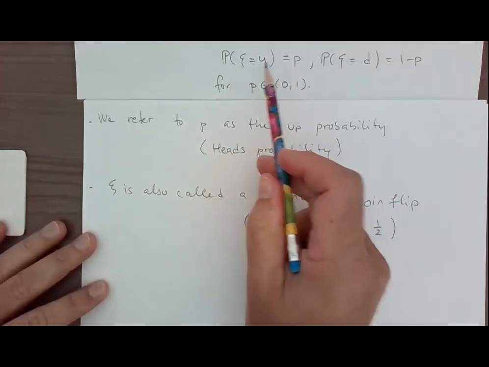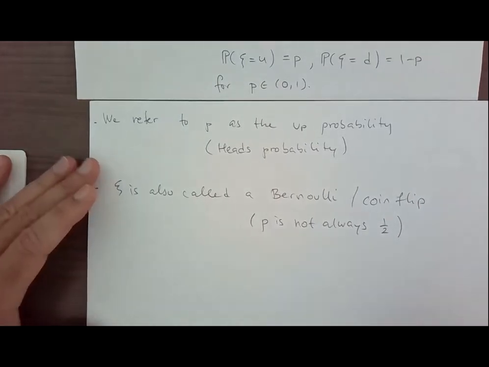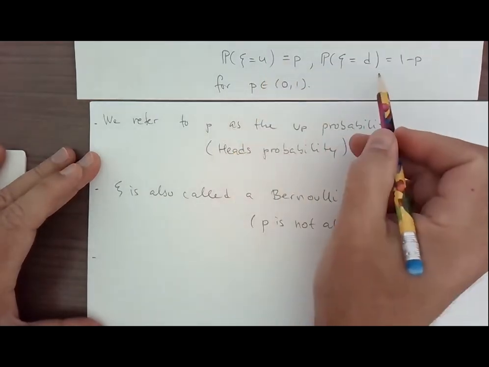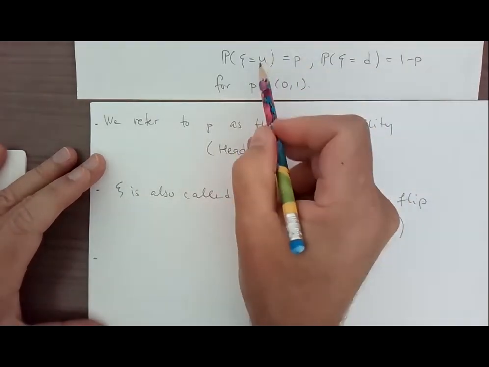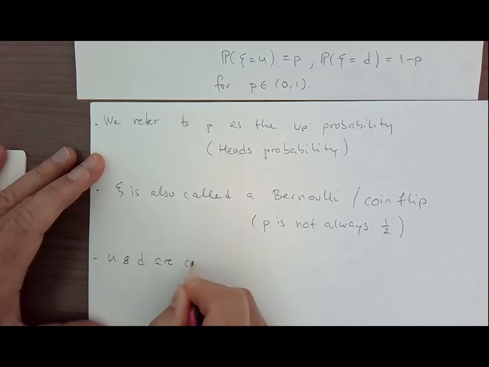U and D, on the other hand, are just two constants. These are ups and downs. U and D are constants.